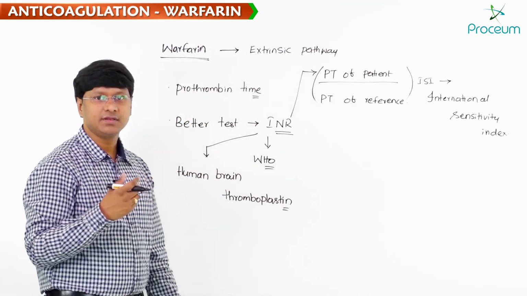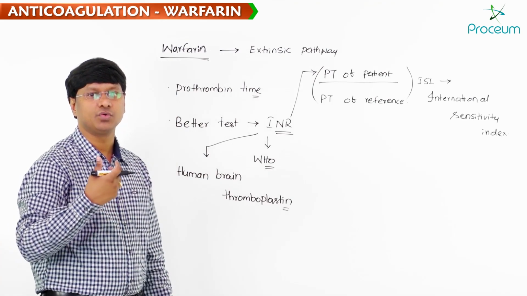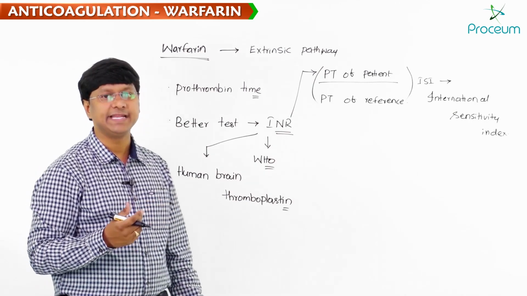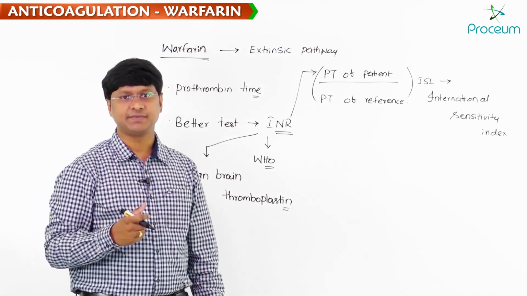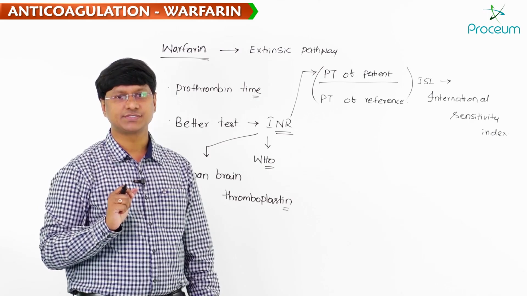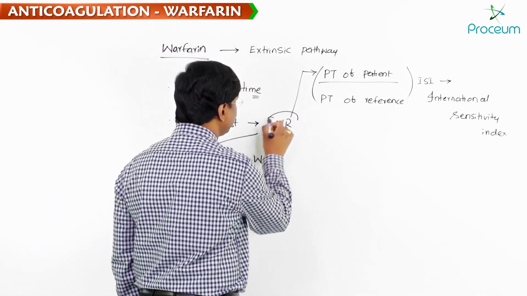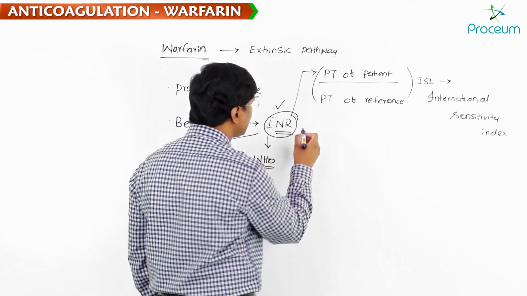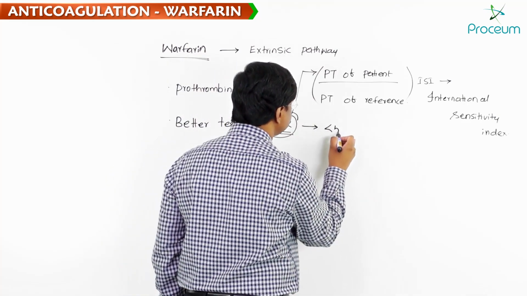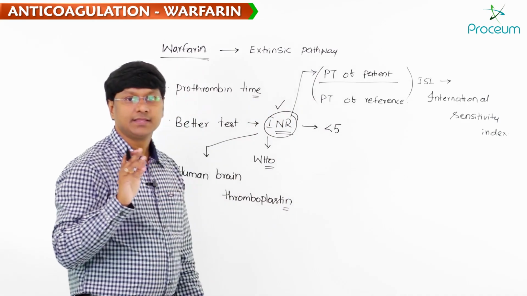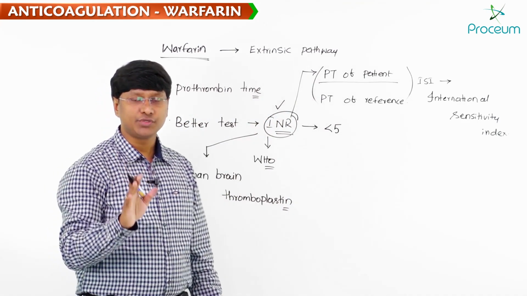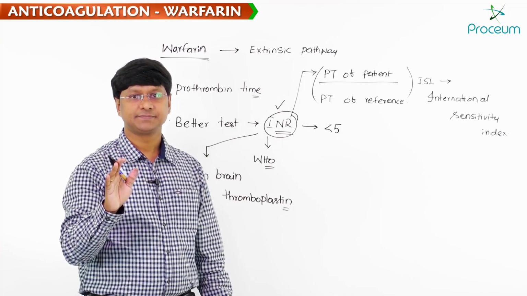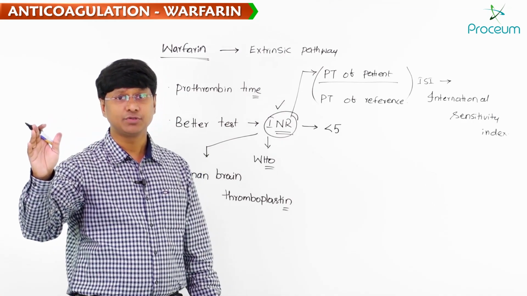Now for example, if the individual has developed the overdose and the individual has bleeding, how will you manage the patient? So you have to completely monitor the INR. If the INR of the patient is less than 5, but definitely above the therapeutic range.